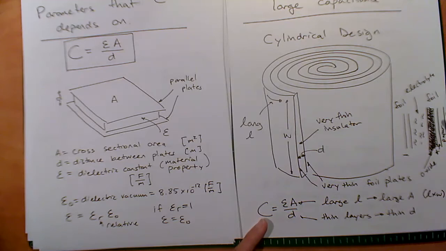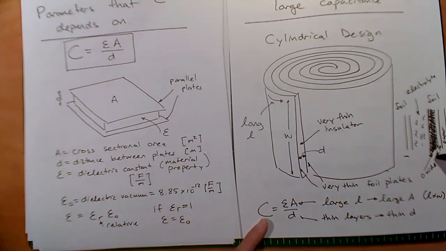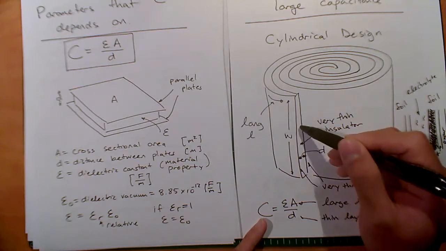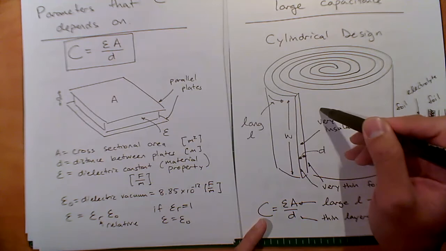You have foil here, an electrolyte, and then an oxide layer, right? Just that oxide layer, kind of like rust on one of the edges of the foil, is acting as the insulator. So very thin distance between the two spots. And then you have a paper insulator between the next plate over here.